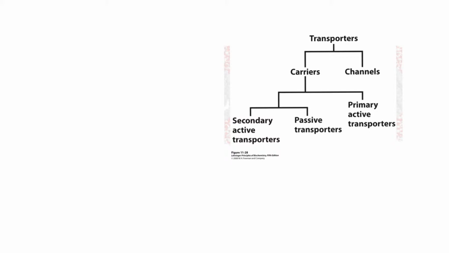And so you can either have it be a primary active transporter, or a passive or secondary active transporter. We're going to go over some examples. In particular, we're going to focus primarily on the sodium-potassium pump, because it's most likely the best characterized.